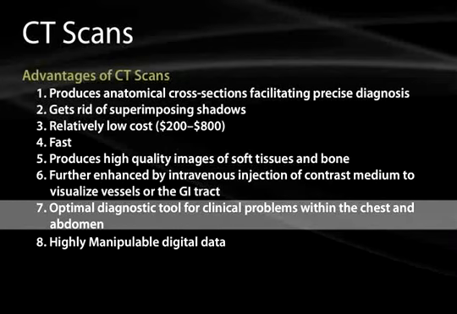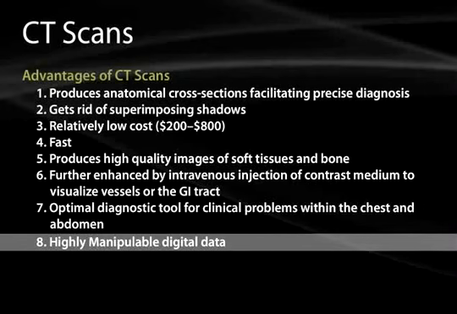And it really is a great diagnostic tool for clinical problems in the chest and abdomen because of what we mentioned earlier with that acquisition speed they now have the capacity to do. It's highly manipulable data, but also it's data and it is manipulated. So it's difficult sometimes to know that there's computer-based changes that are going through this data based on whichever algorithm you're running it through.